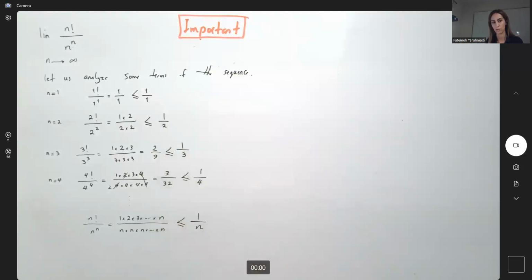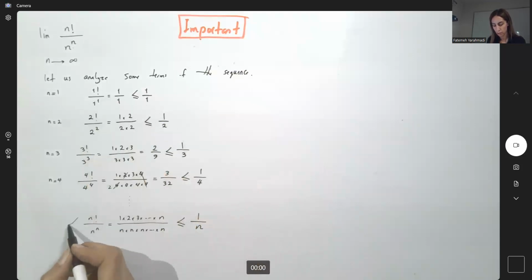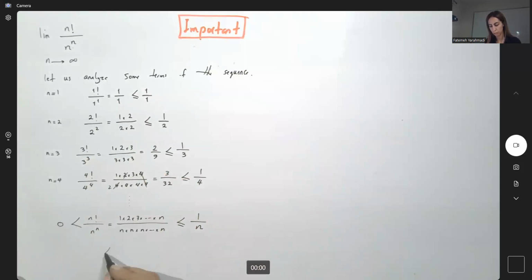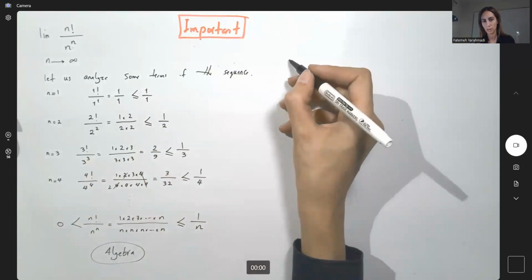You can see the pattern here from just basic algebra. But note that all of these values are positive, more than 0. So why did I write it this way? This is basic algebra. So from algebra, fractions, basically, I have this pattern. Now I'm going to use the squeeze theorem.